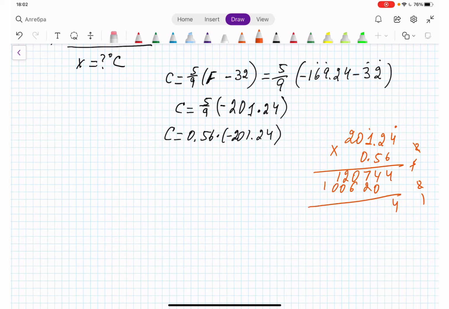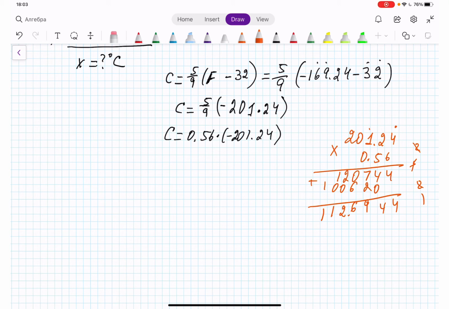Okay, we are adding 4, 4, 9, 6, 2, 1, 1. 112.69. Now, you might get a little bit different answer because we rounded at 0.56.